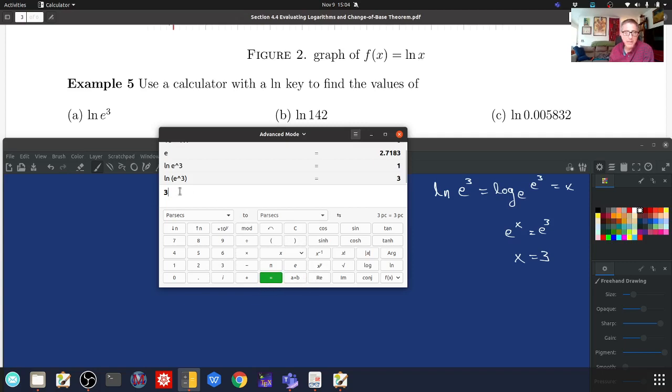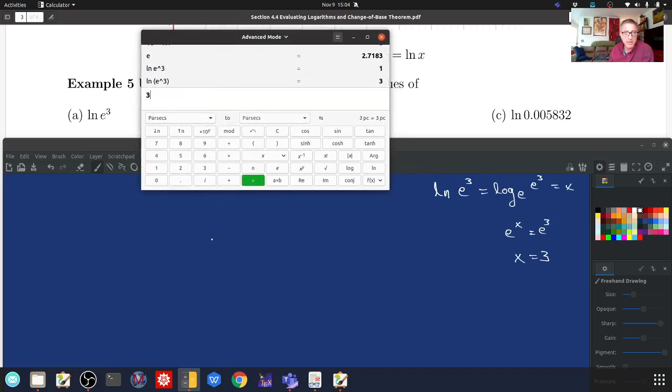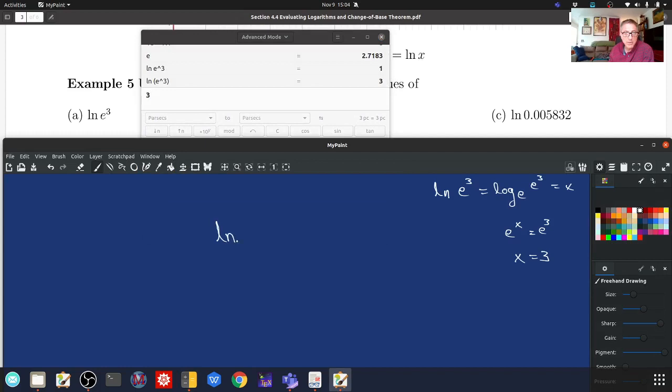There we get 3. So notice how important that was. Let's just think for a second what went on here. It was a PEMDAS issue, right? When I told the computer to compute ln of e to the 3, what it did is it interpreted it to mean this.